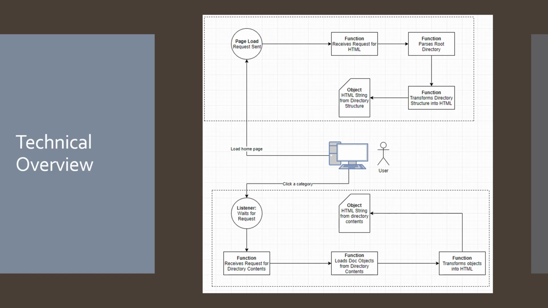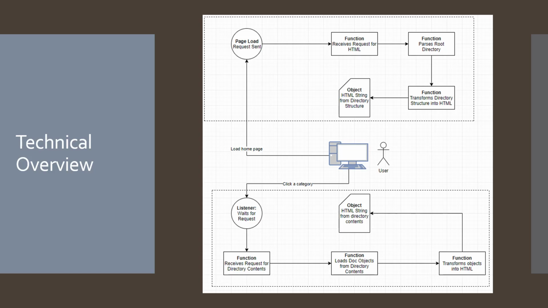The function that parses through the categories or the folders in the directory structure just returns an object. So in this case, we're asking the system to give us the HTML form of that object.